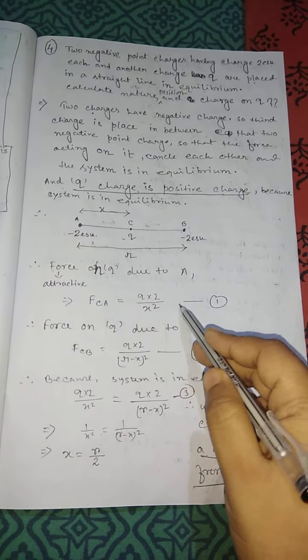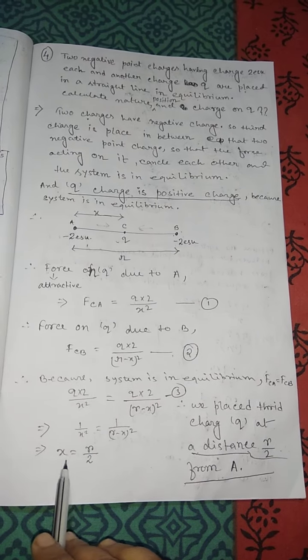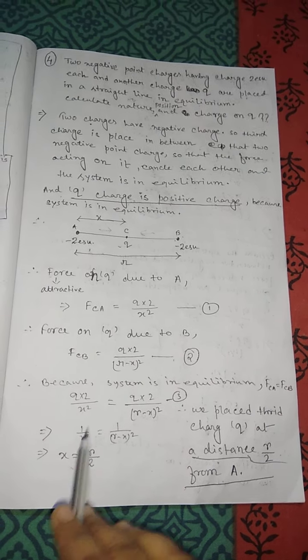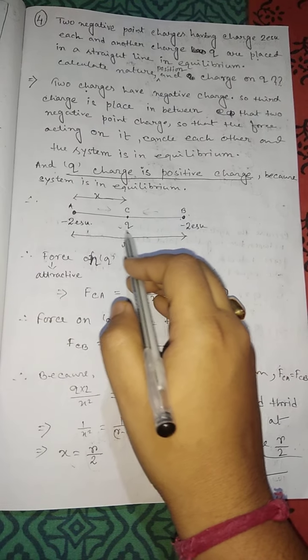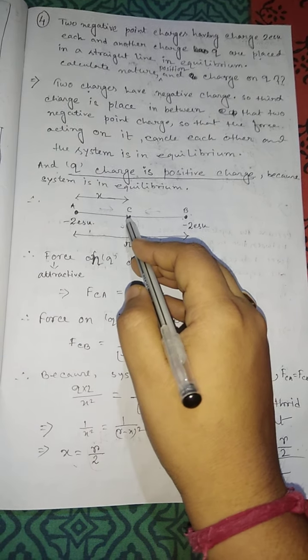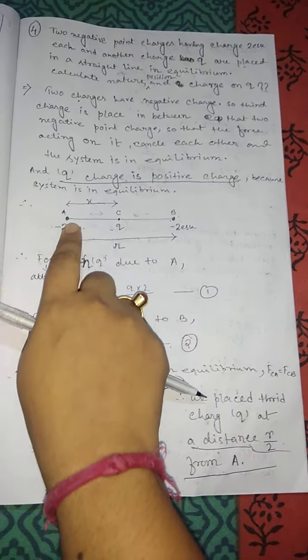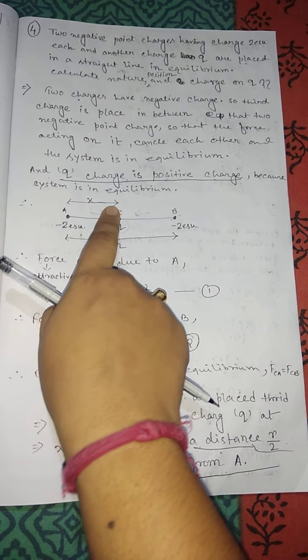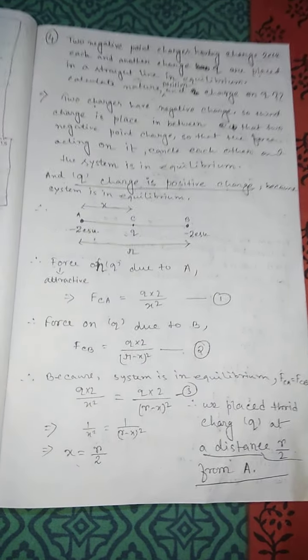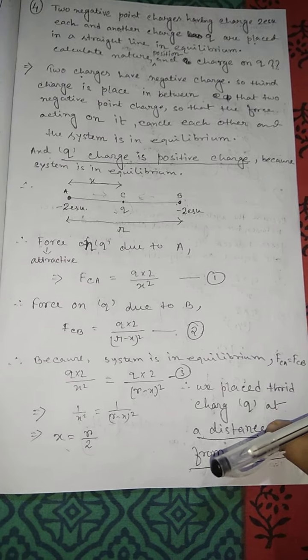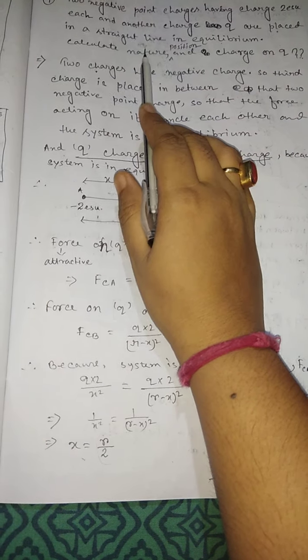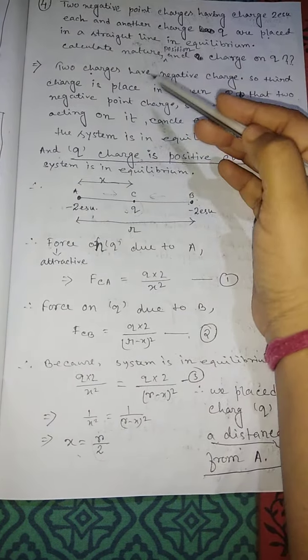So from 1 equals 2, we get x equals R by 2. So we can say that the third charge Q is placed at a distance R by 2 from A, because we consider the distance x from A. Okay, now its nature is positive, position is R by 2 distance from A.